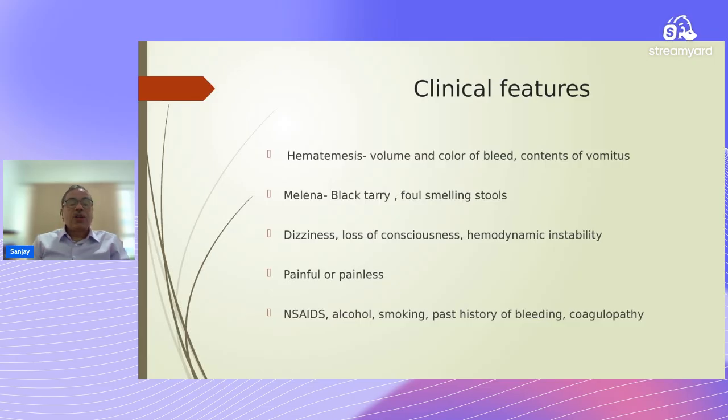And as it goes through the large bowel, it gets acted upon by the colonic bacteria, which colonize the large gut. So, the stools which pass out in a case of upper GI hemorrhage would be black and tarry because of the action of those intestinal enzymes, and they would be foul smelling because they get acted upon by the colonic bacteria as it passes down.